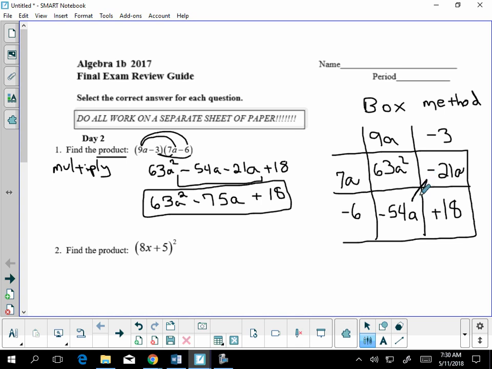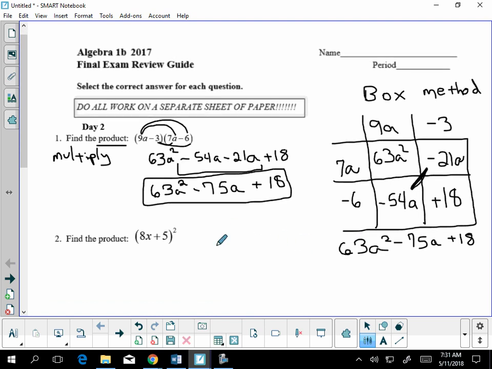And right here is where I have some like terms. So I'm going to go ahead and combine those like terms. I'm going to have 63a squared minus 75a plus 18. And if you notice, I get the exact same answer.